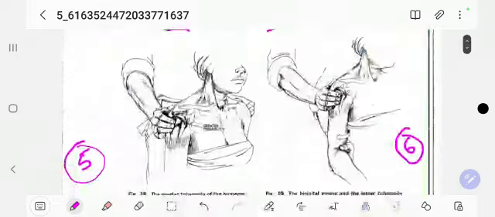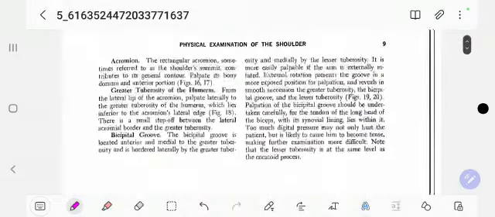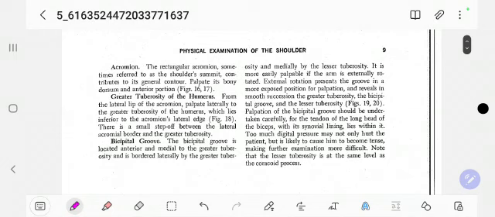Now, the third portion which we want to examine is the acromion. The acromion is the most prominent bony structure as far as the lateral aspect of the shoulder is concerned. It is rectangular and is referred to as the shoulder summit. It contributes to its general contour; palpate its bony dorsum and anterior portion.